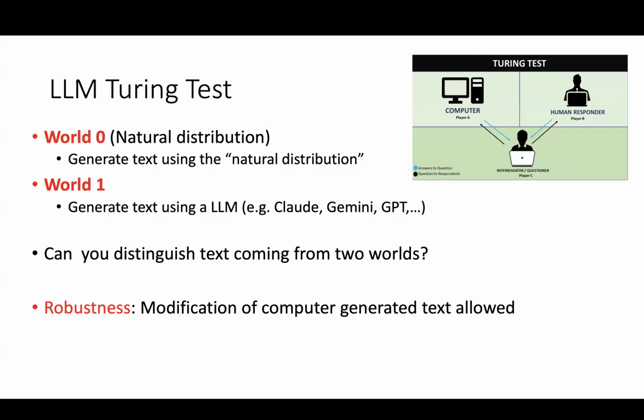So there's some need for robustness as well. There are lots of these requirements coming up, but we can't just use the Turing test as a definition here, because we need these other properties as well.